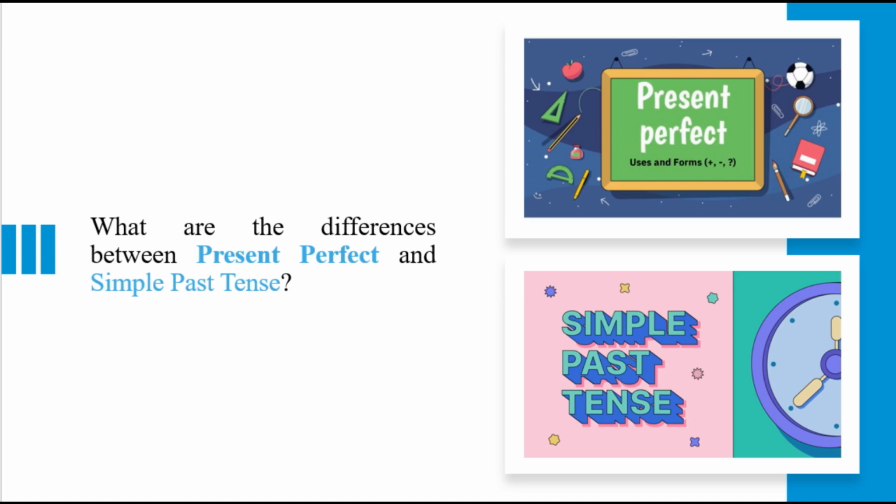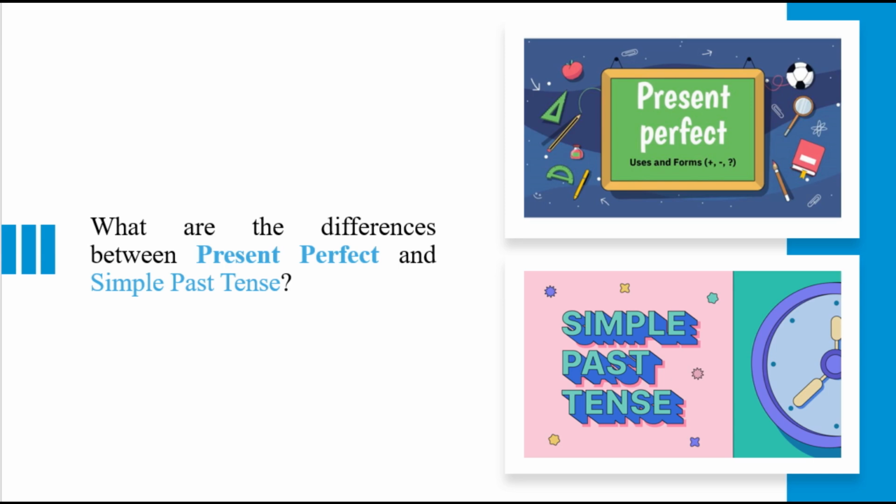I know, based on the previous exam that you all took in English grammar, some of you had some problems and some confusions between present perfect and simple past tense.